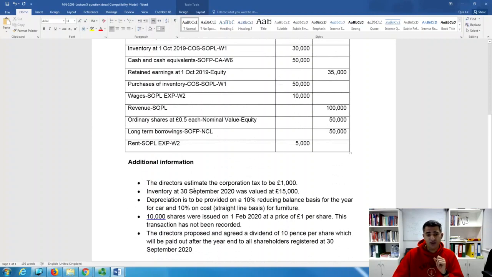The directors estimate the corporation tax to be £1,000. So remember guys, to do with tax, you need to put it in 2 places. The first place is the statement of profit or loss at the end.